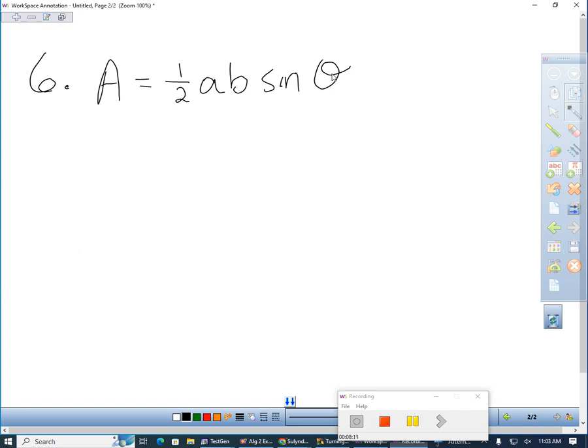Okay. So I want to work with just this piece first. Let's talk about that, okay? 1/2 A, and this would be A prime, and that would be B prime, right?